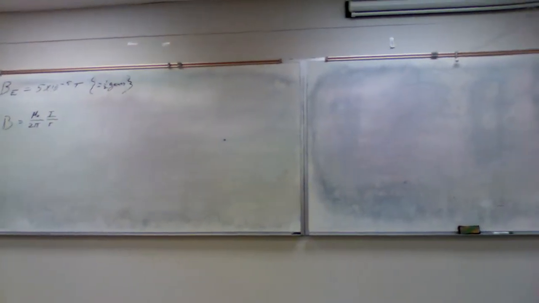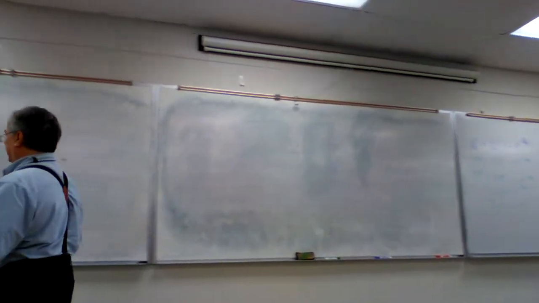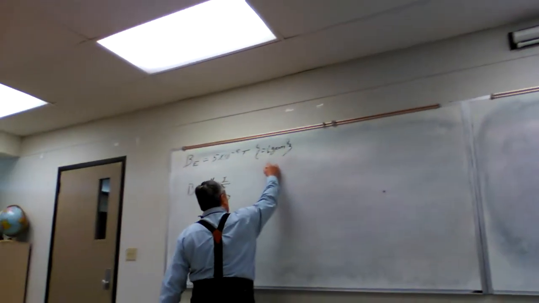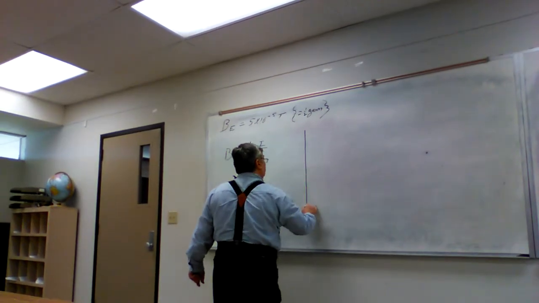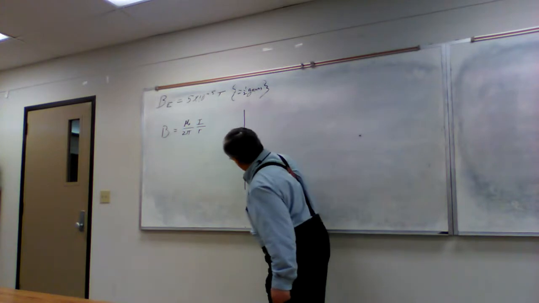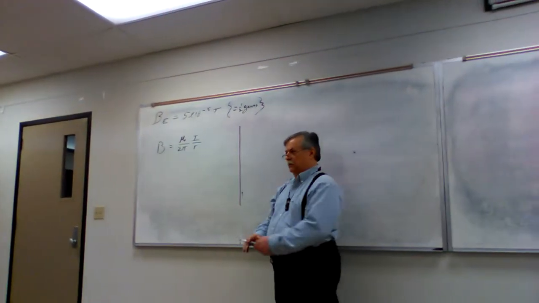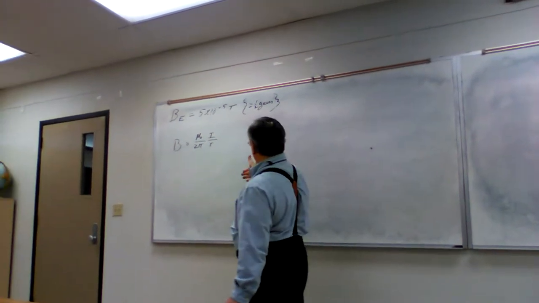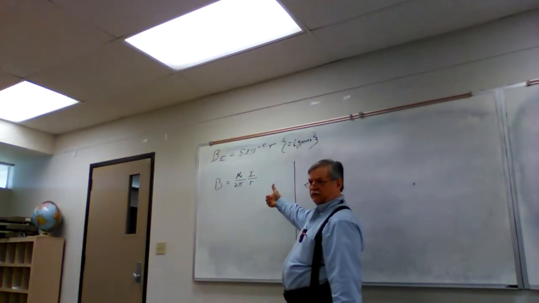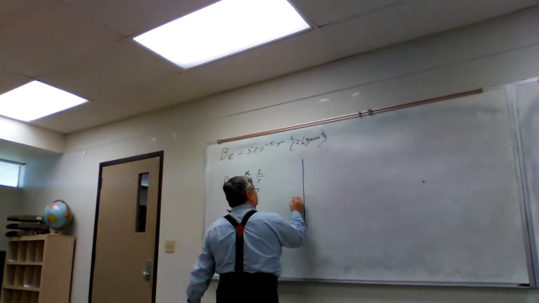Make sure I wrote that right. Yep. Now, if you'll recall, that was one of the right-hand rules of thumb. You've got a wire, you have a current flowing through it. Point your thumb in the direction of the current, close your fingers around the wire, and that shows you the direction of the magnetic field.